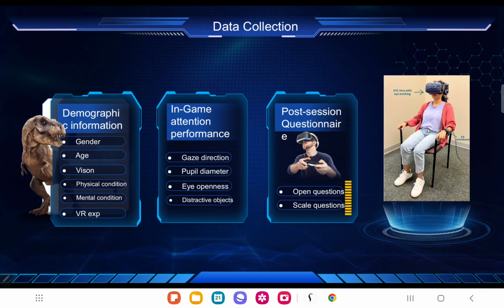We have measurements of in-game attention performance through the gaze, pupil diameter, eye openness, and distracting objects. And also we have some interview and questionnaire after the session.